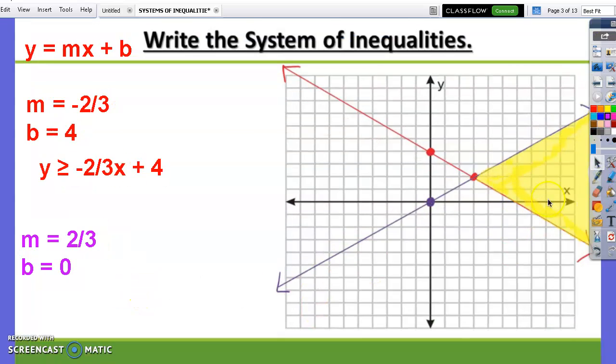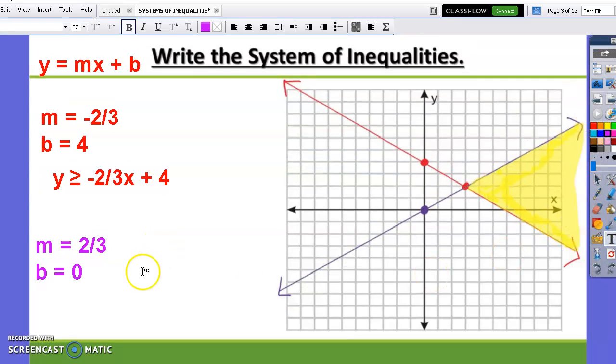Now, if you're looking at your purple line, the shading is underneath it. Okay. So if I'm shading underneath, that's a less than. And if it's a solid line, it's or equal to. So when I'm filling out my y equals mx plus b, I'm putting a less than or equal to symbol.